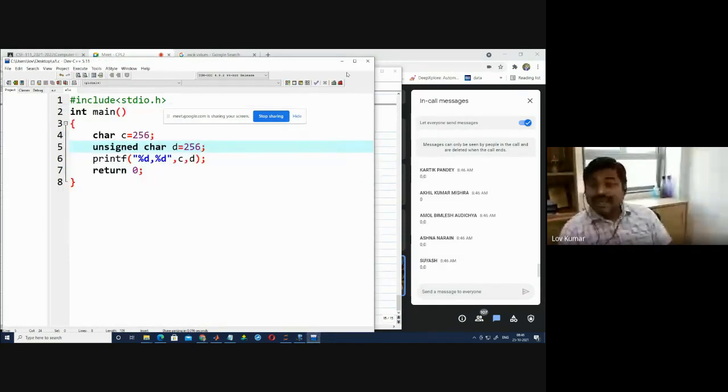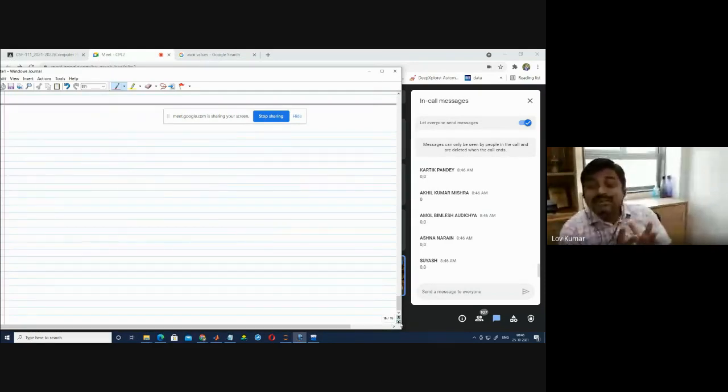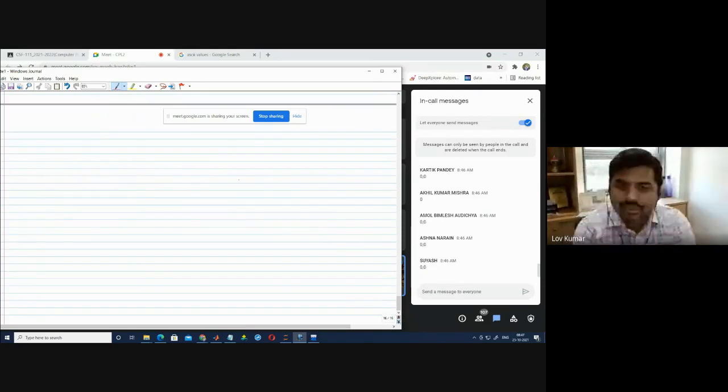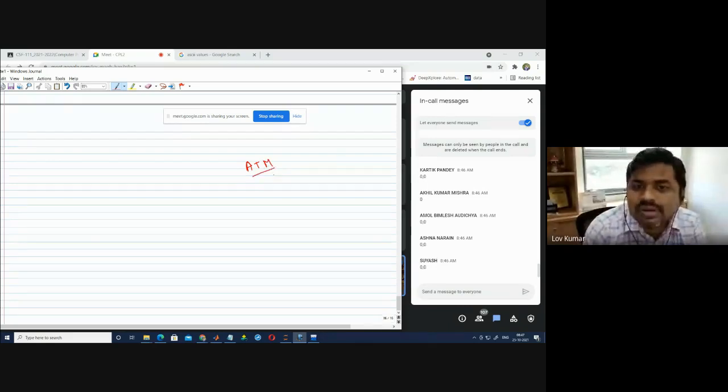So when you are working on any type of problem, first you have to check the range of the variable. As an example, assume you are building an ATM system and you are going to store the account number.